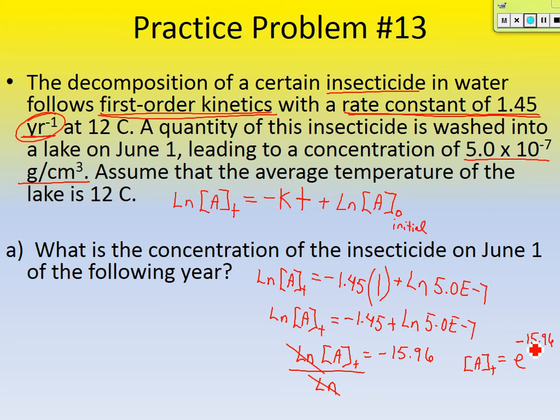And what do you get? Very small number. So let's put that in scientific notation. And so our concentration of this insecticide after 1 year is going to be 1.17 times 10 to the minus 7th. And what were my units?